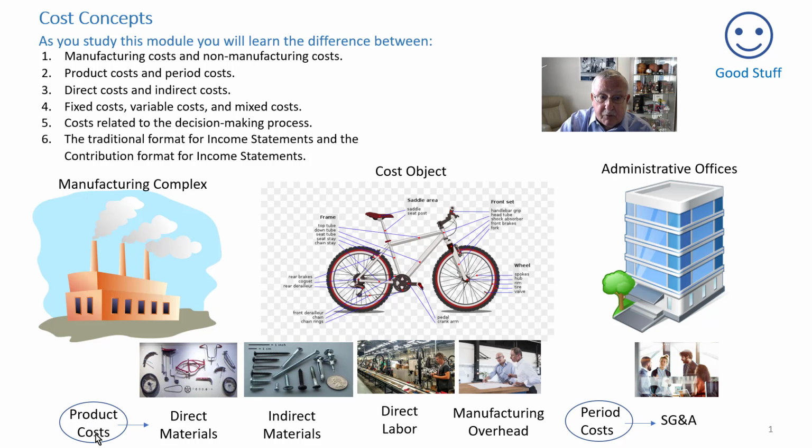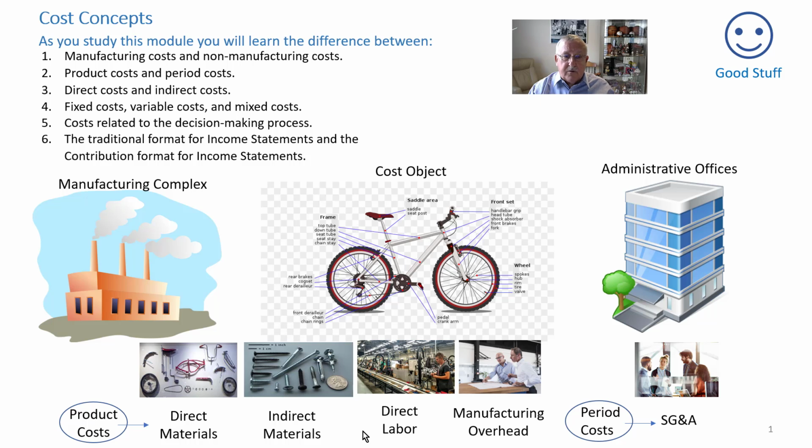In addition to product costs, Trek incurs period costs. The period costs are the costs to run the administrative offices and their retail outlets. These costs include selling, general, and administrative costs, or SG&A, and are the expenses needed to run daily operations.